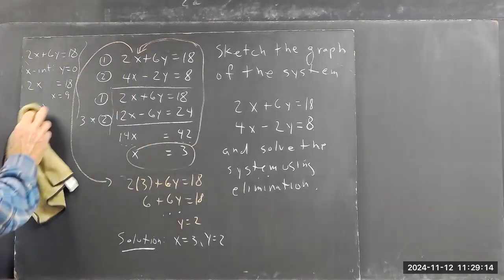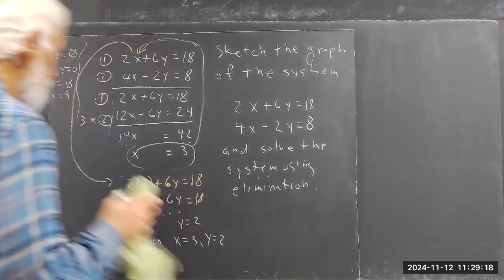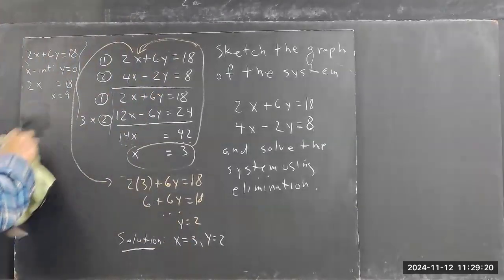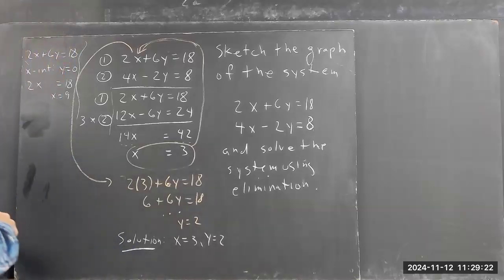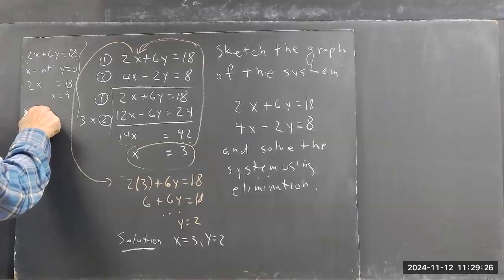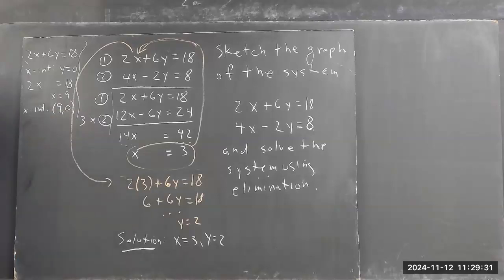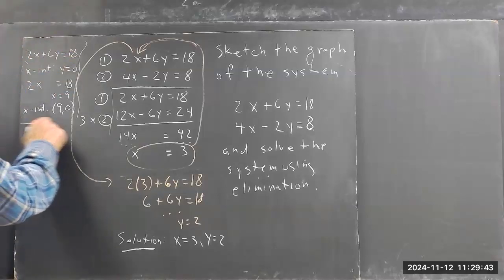After 100 years of doing this, I still tend to write things backwards, as I just did. So for the x-intercept, y is 0, and it turns out that x has to be 9. If I plug 9 in here, I get 18. Plug 0 in here, I get 0. 18 and 0 gives me 18. Well, that's simple.